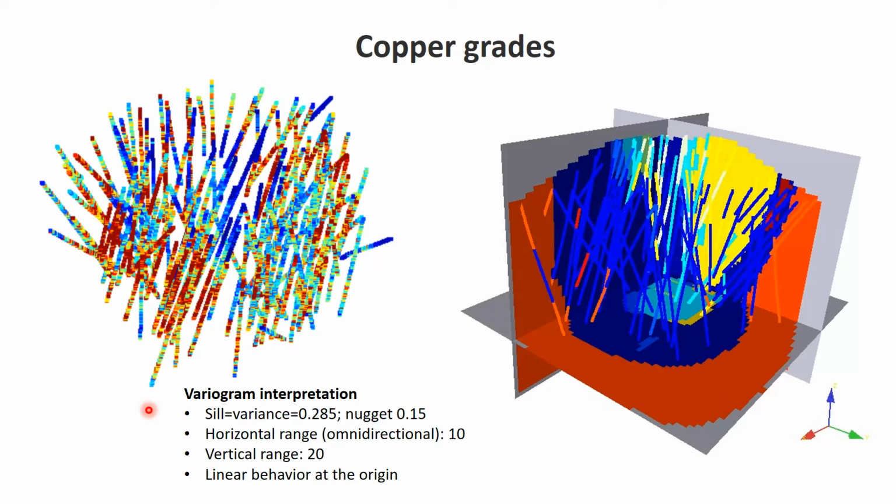In other words, horizontally we have isotropy with a range of 10, and vertically we see more continuity, and we have a range of 20. All this, of course, is in units of grid cells of some kind of bounding box domain that captures all this grid data. Then also we have observed that at the origin, the increase of the variogram appears to have linear behavior.